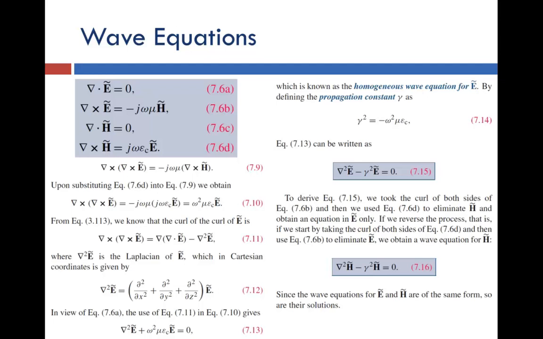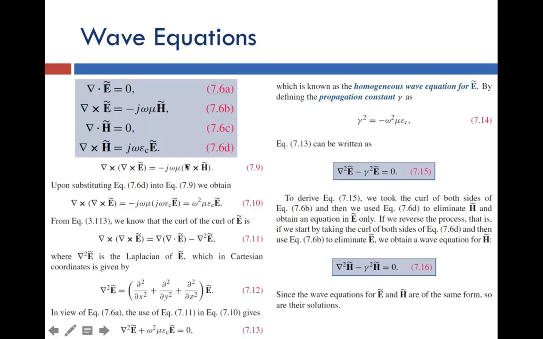So if we look at this set of equations, the curl of the curl of E is minus j omega mu times the curl of H. What did we do there? We took equation 7.6b and took the curl of both sides. And then minus j omega mu is a constant, so it comes out. So this curl operation was performed on both sides of equation 7.6b.